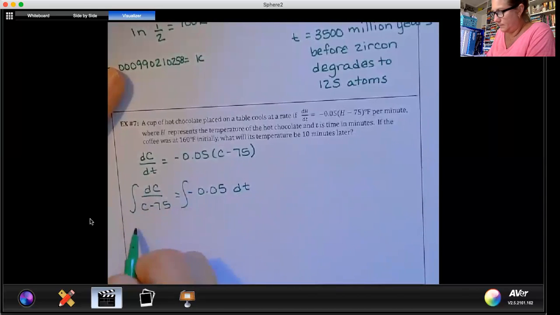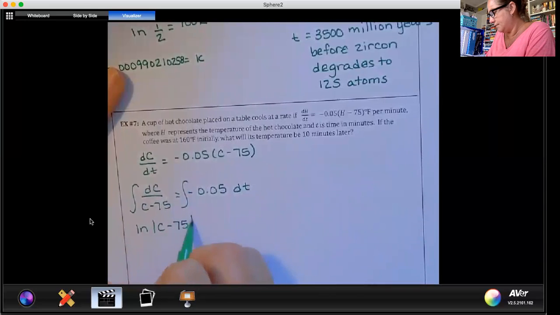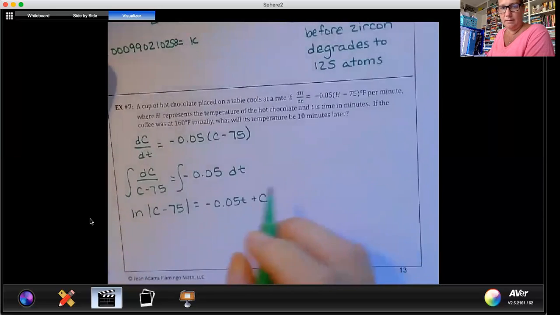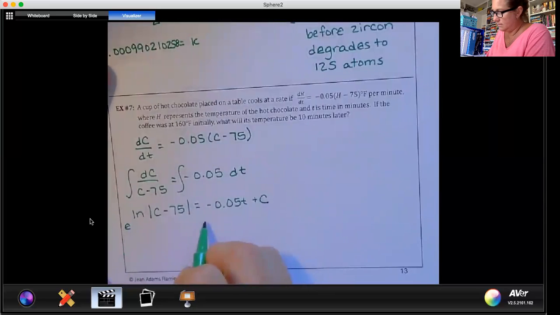Antiderivatives: ln, excuse me, absolute value of C minus 75 equals negative 0.05t plus C. Both sides become the power of e to get that out of the ln.